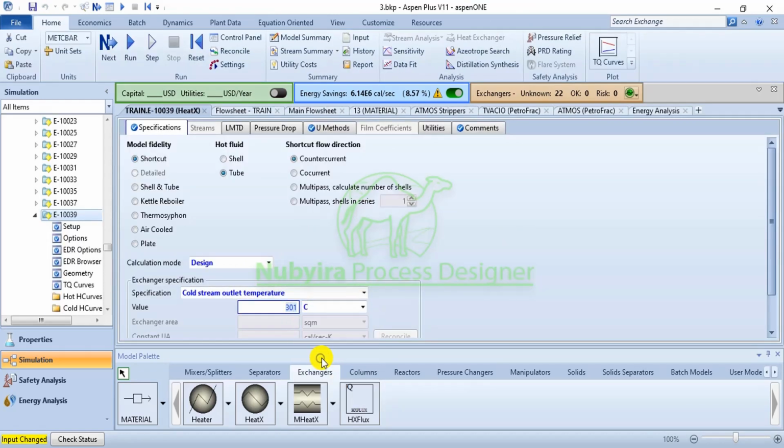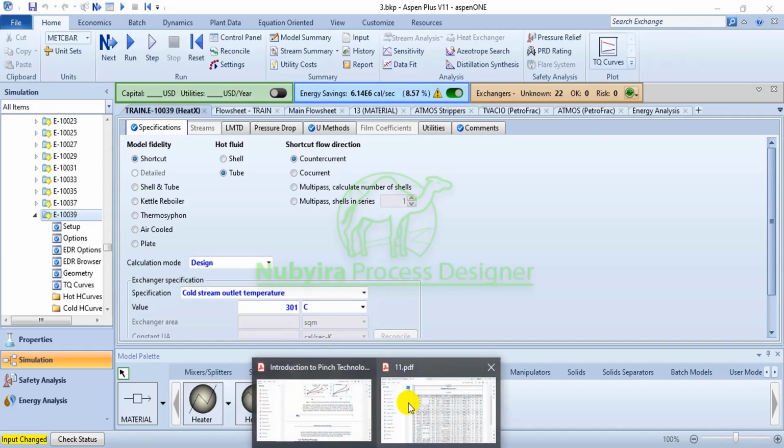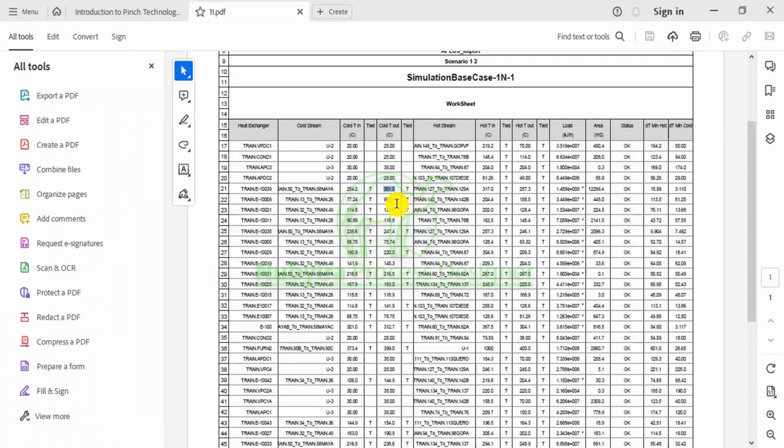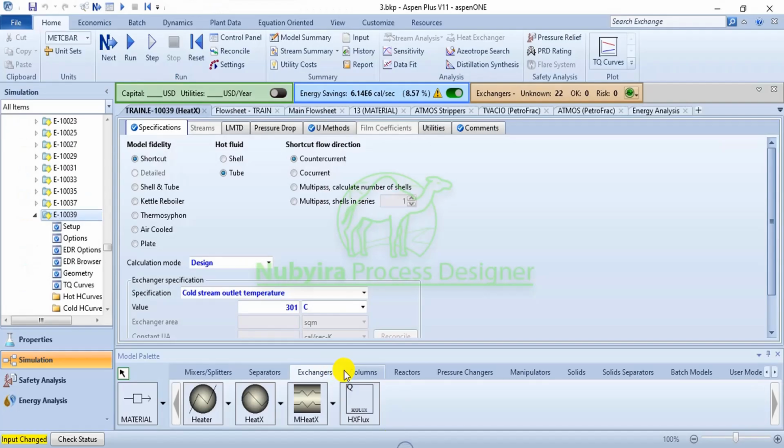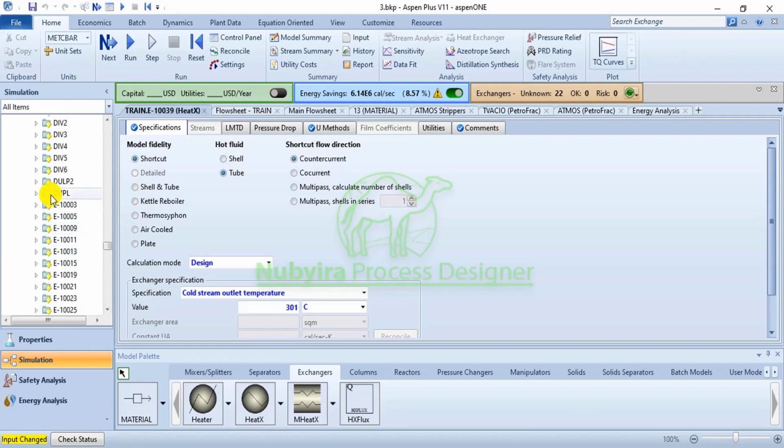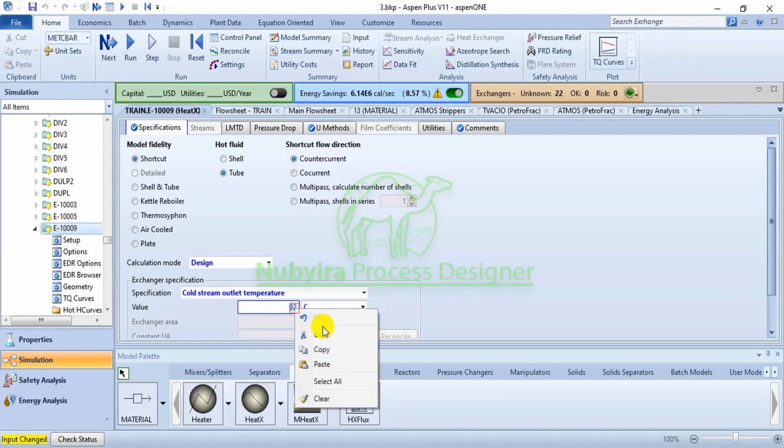It's very close, basically the same thing. Then you go to the next one, heat exchanger 9, cold outlet temperature. So this one you have to reduce to 90.